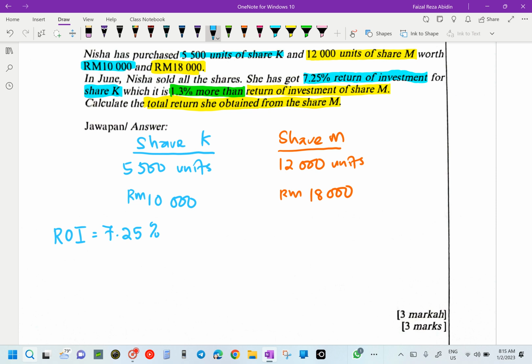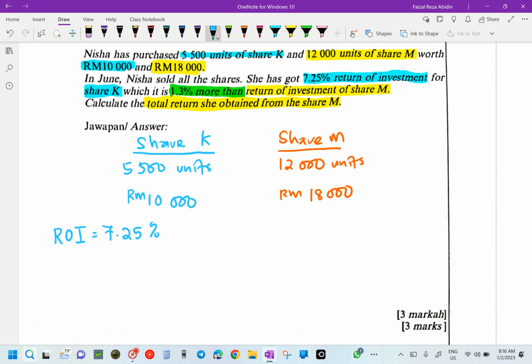This one I highlight with green because it doesn't belong to share K or share M. It says over here 1.3% more than ROI of share M.